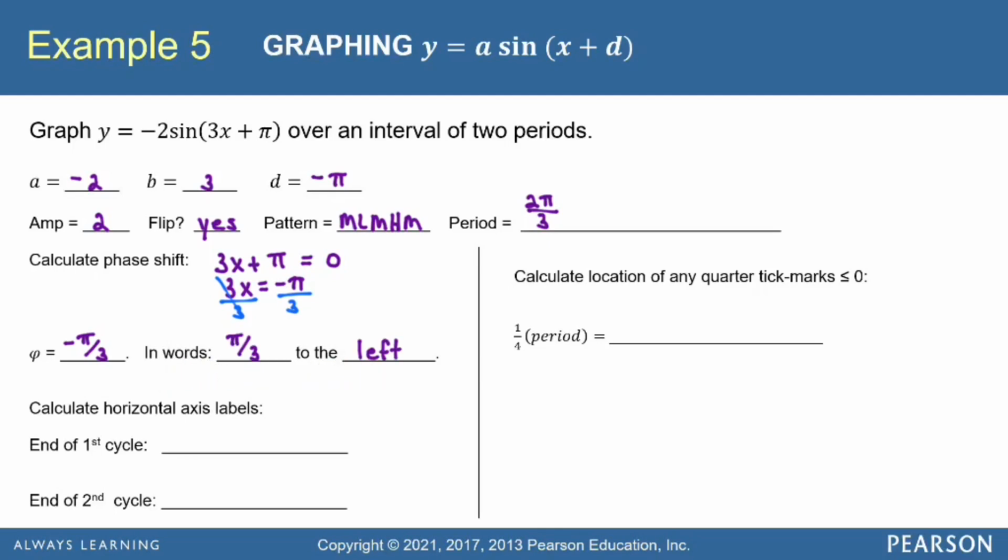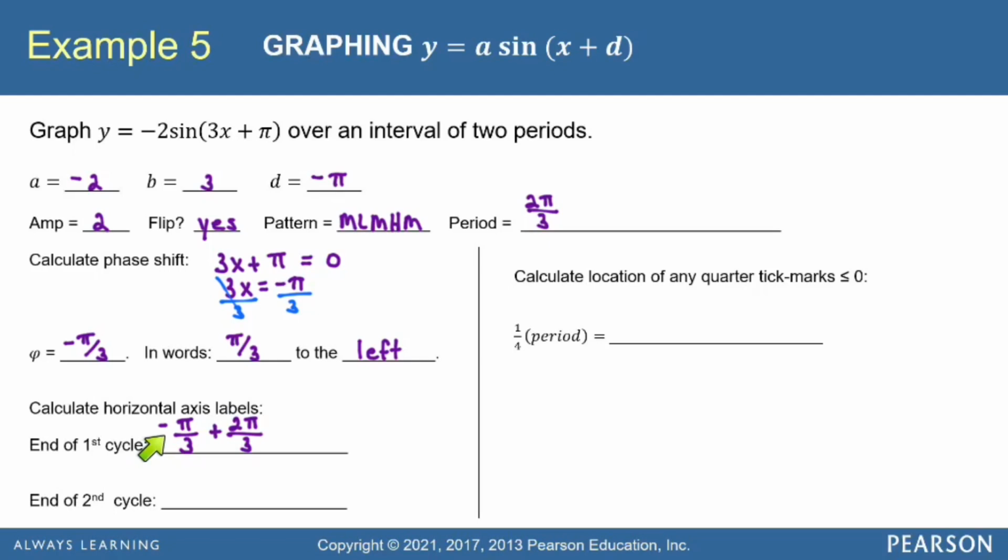Okay, now let's get the horizontal axis labels for the end of each cycle. And you know that we do that by calculating starting point plus period equals ending point. So starting point for the first cycle is the phase shift. So that's going to be negative pi over 3. And when we add a period to that, we're going to be adding 2 pi over 3. Luckily, we already have a common denominator here.